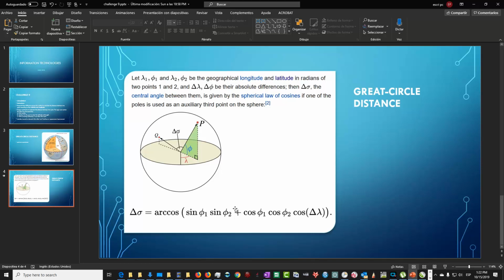Now we need to understand how this angle is related to the distance of these two points. For this I need to show you something more.